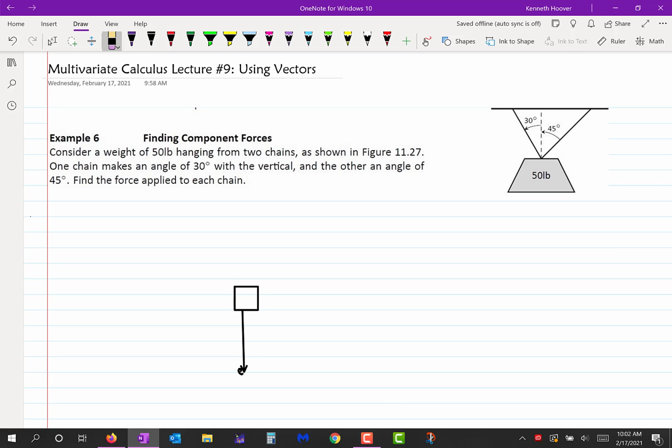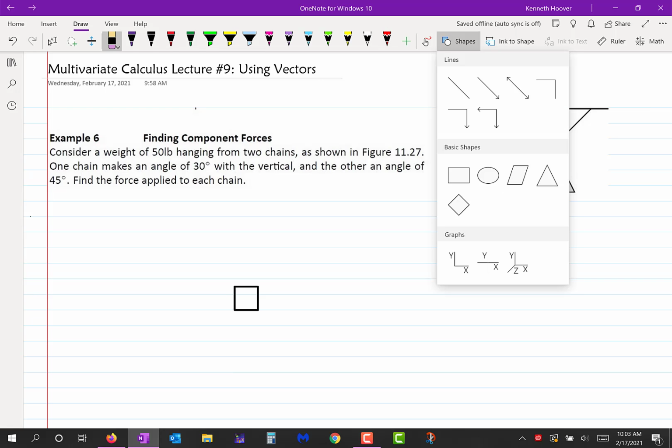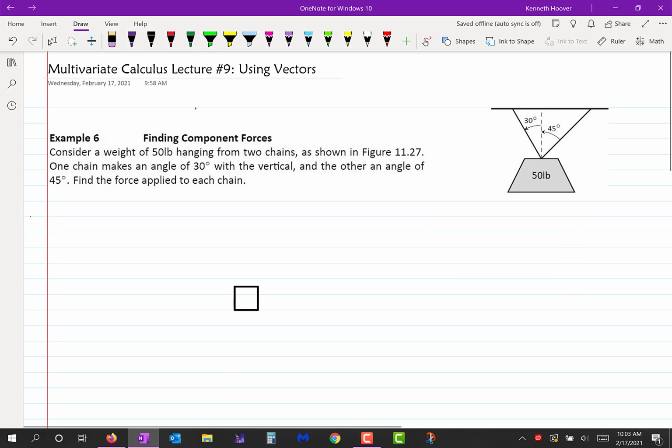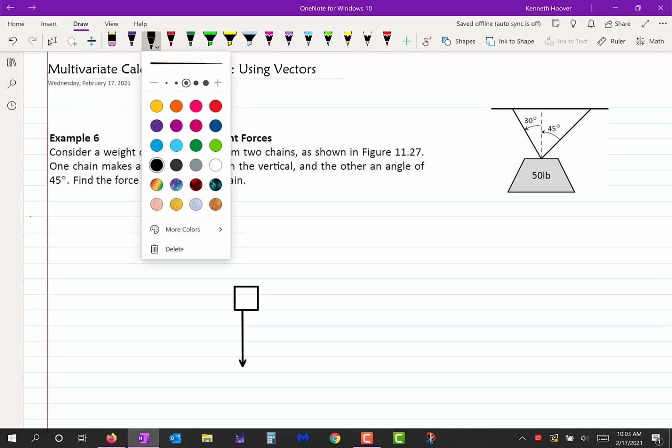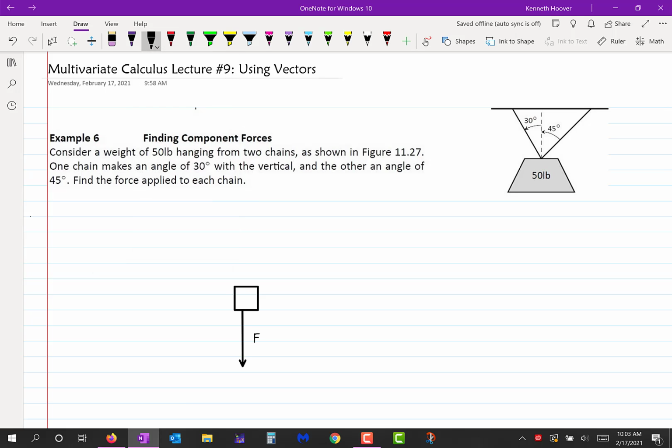Hold on. Let me redo that arrow. Try and make it straighter. Okay, so the weight of the object is pulling down. Let's call that force Fg. And that's a vector.